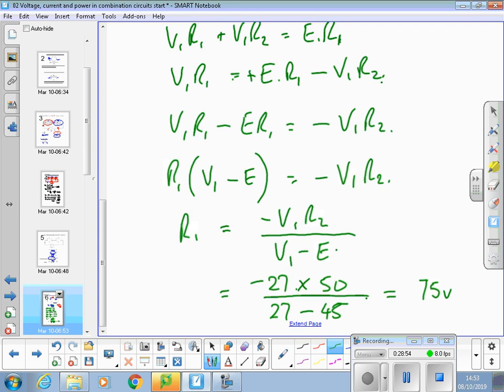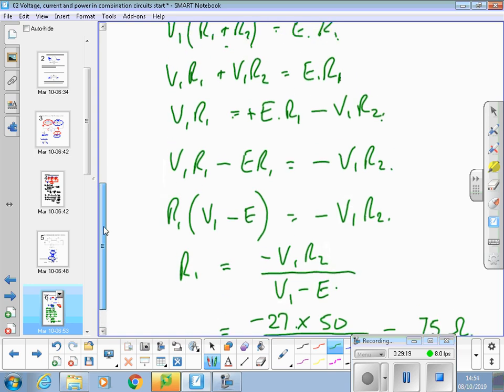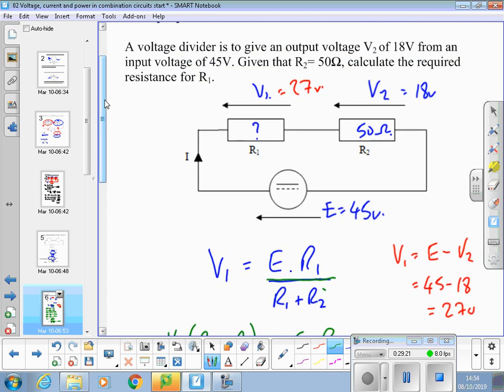I'll go through it all again in a minute, what's done at each stage. Everyone agree with that? And that's not volts, is it? Ohms. Okay. So that resistor, 75 ohms.